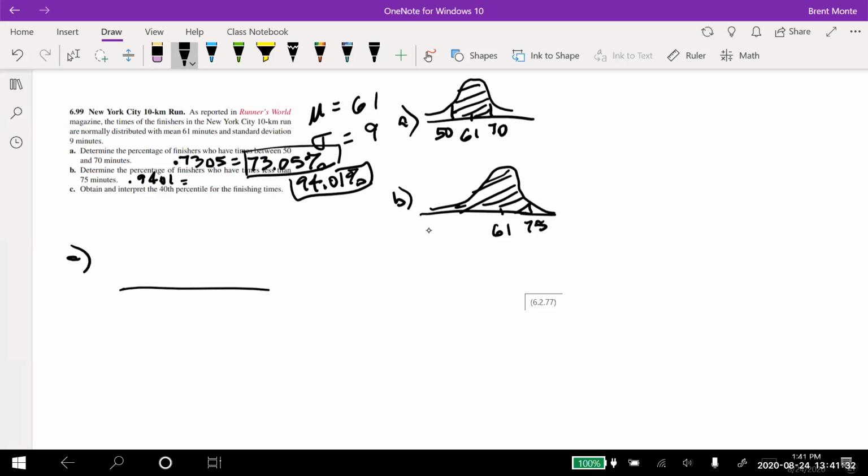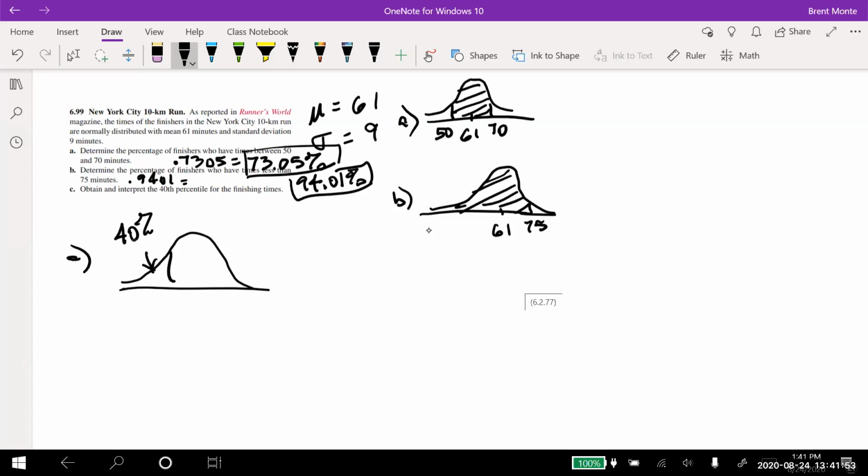Here's what it means. The 40th percentile is the place where you're faster than 40%. They're not going to go faster, they're going to go this way. The 40th percentile, that means we've got a 40% here.